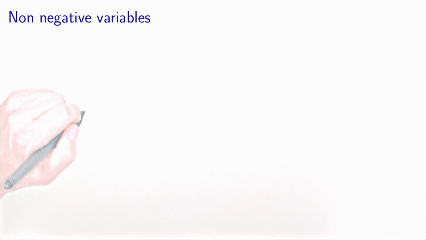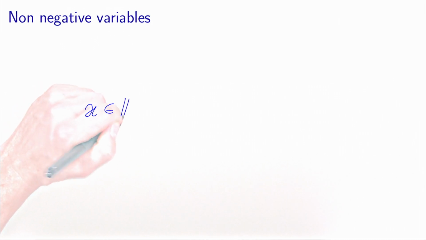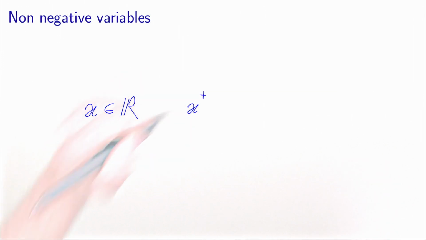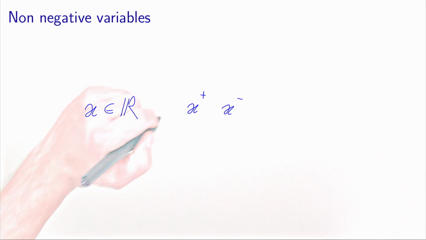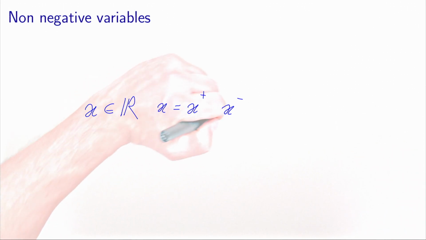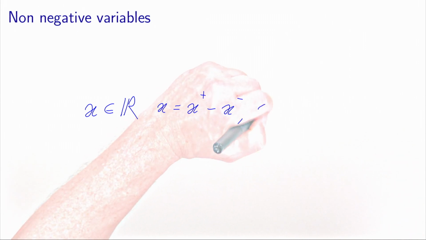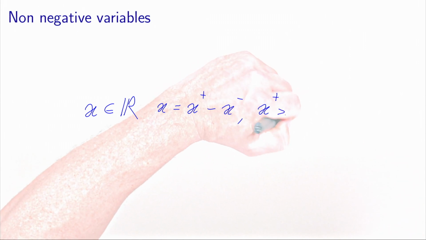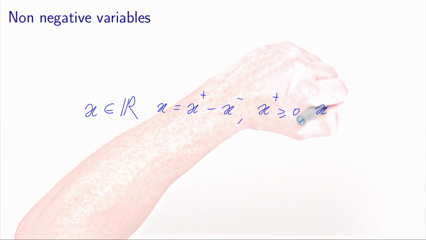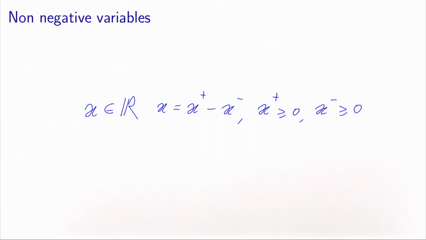x belongs to the set of real numbers, and what we do is to include two new variables. One that I call x plus, and one that I call x minus. And I will define x to be x plus minus x minus. And I will impose x plus to be non-negative and x minus to be non-negative.